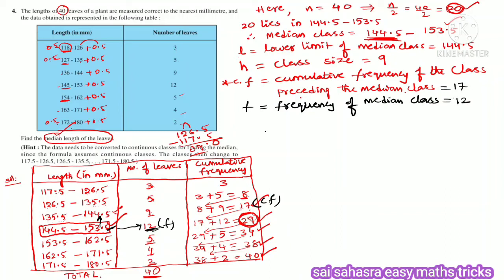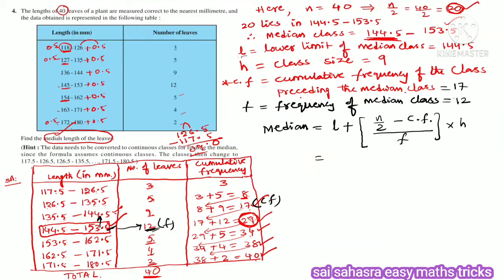After that we have to write the formula. Median formula is L plus n by 2 minus cumulative frequency CF, by F, into H.